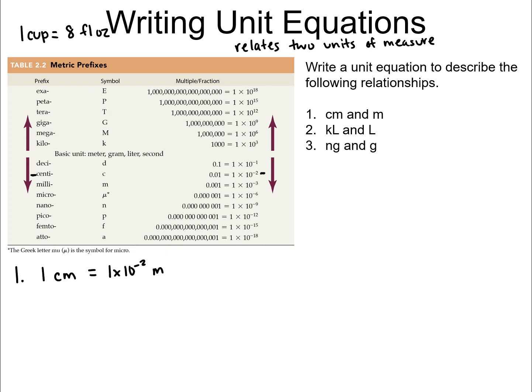Simple as that. The other way that you can write this is if I have 1 meter, then I have 100 centimeters, which is the same as 1 times 10 to the 2. They both mean the same thing.